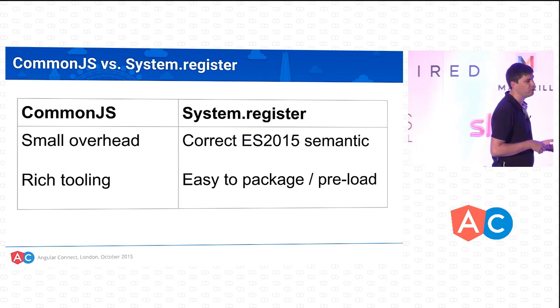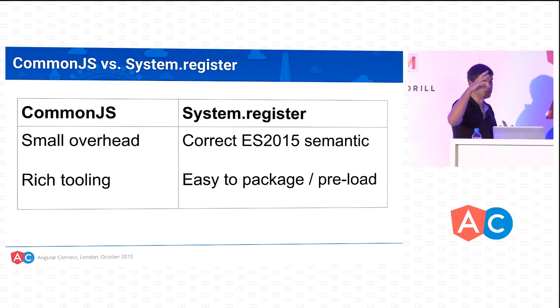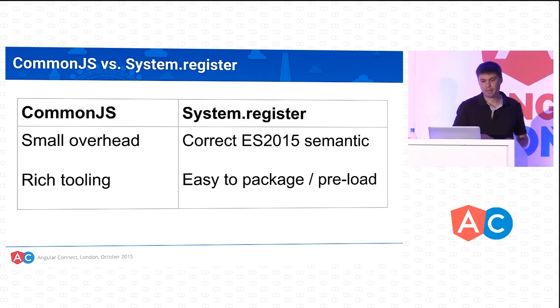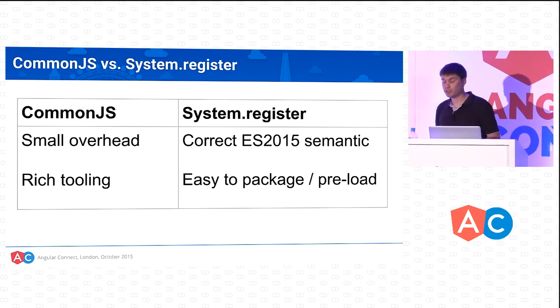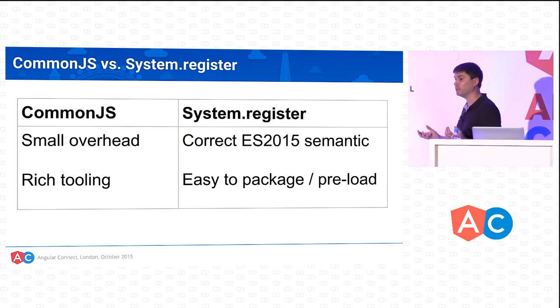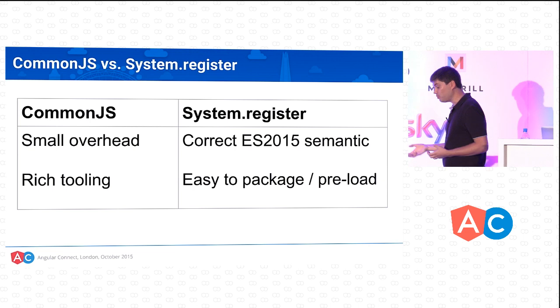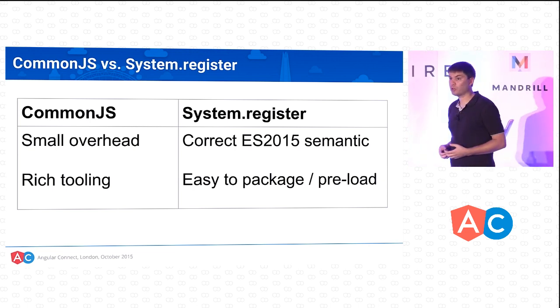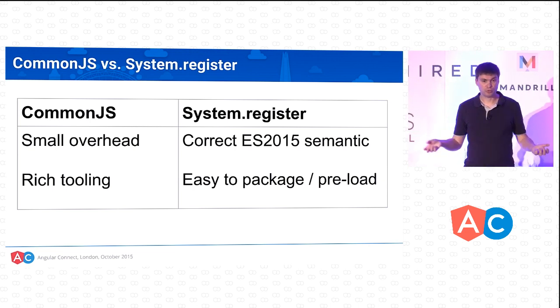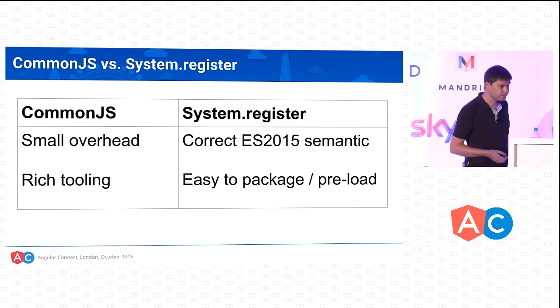On the other hand, CommonJS has less noise, and it has all this rich tooling. Webpack natively consumes CommonJS, Browserify was created to consume CommonJS. We've got all that tooling, and we know all those workflows.